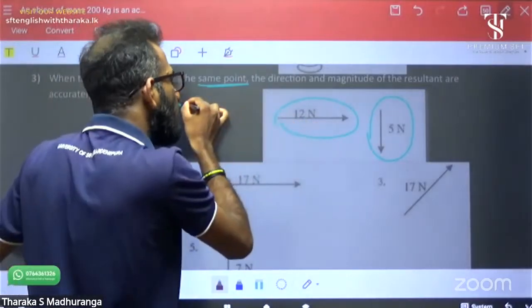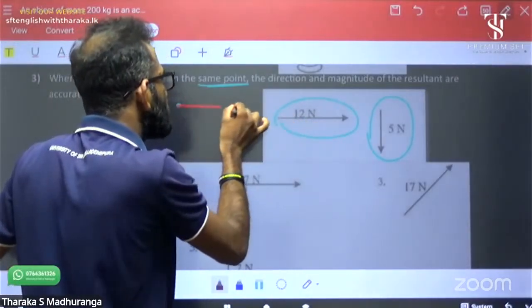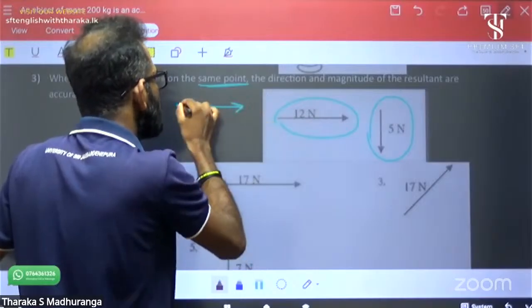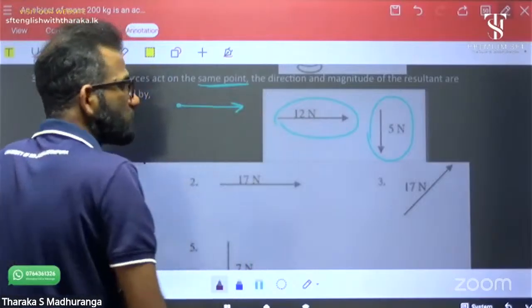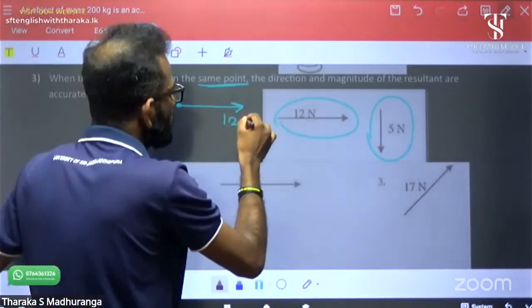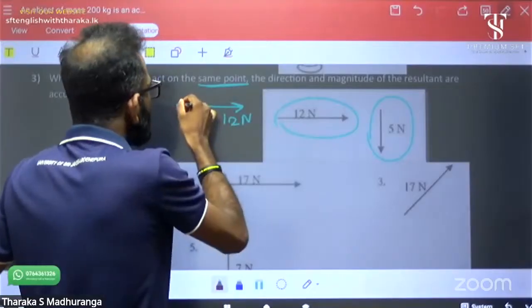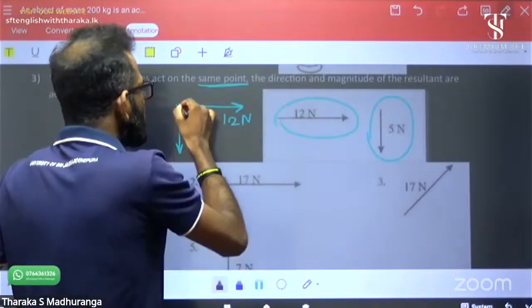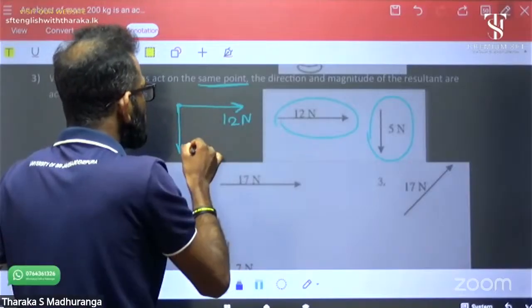Okay, two forces. 12 Newton acts towards the right side direction. This is the acting point of the 12 Newton force. 5 Newton acts towards the downward direction. This is the acting point of the 5 Newton force.